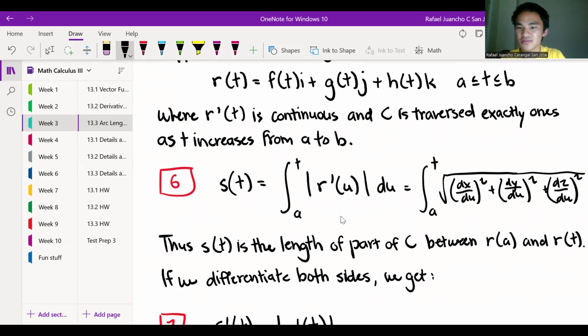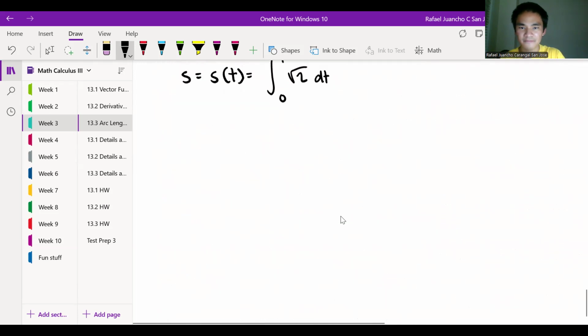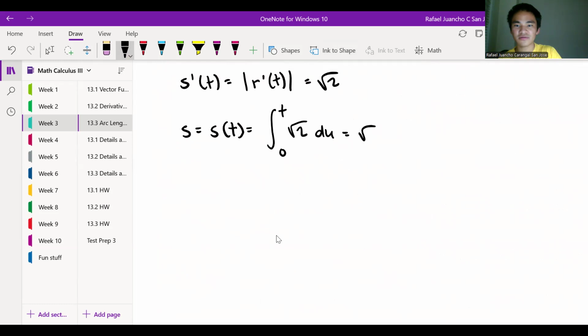It could be a dt, it doesn't really matter. And this is exactly square root of 2 times t. And now I have my s and my t.